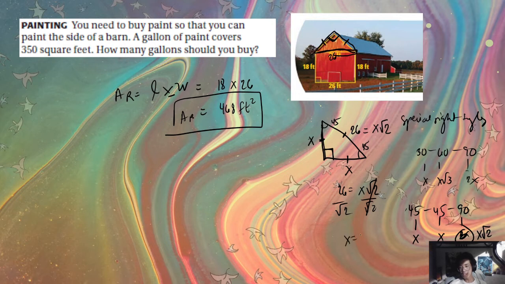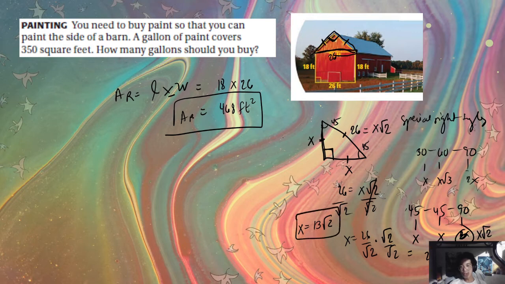So x is equal to 26 over square root of 2. If we rationalize the denominator, that's going to give us 26 square root of 2 over 2, or simply 13 square root of 2. So therefore x is equal to 13 square root of 2.